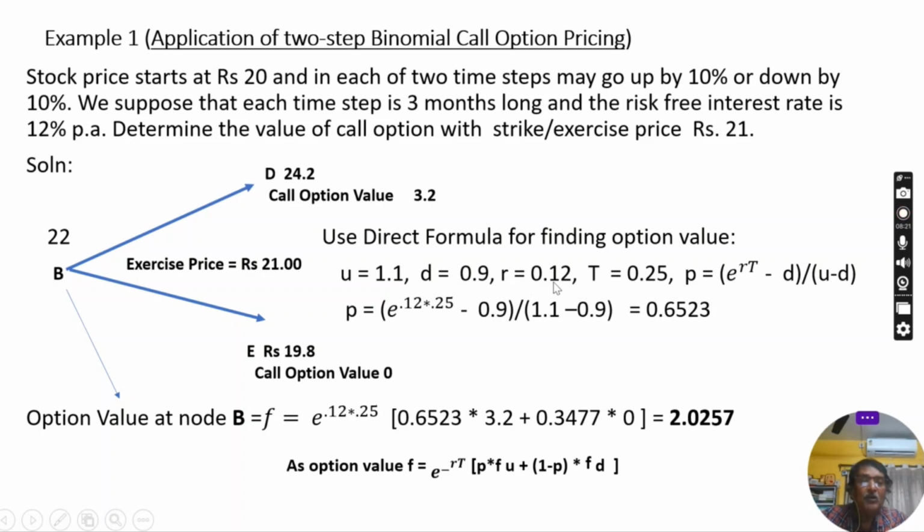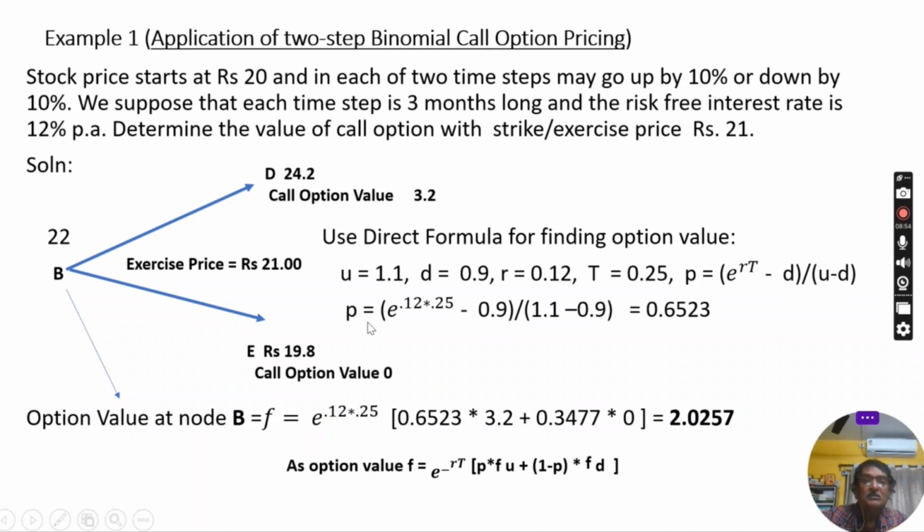Interest rate per annum is 0.12, and T, the period B to D, the length of this period is 3 months, that is 1/4 year. As the rate is per annum, you also have to convert the 3 months to years, that's why 0.25. If you put the values of R, T, D in this, then you will get the risk neutral probability P. You have to find this first, as I discussed in my previous video.